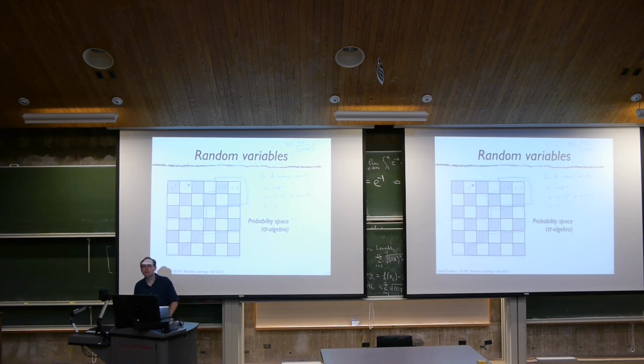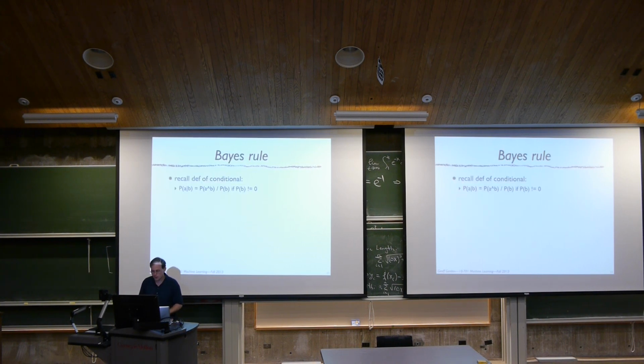All right, so we have just a few minutes left. I'm going to get to the single most important thing that you'll probably use in this class, which is Bayes' rule. You've probably seen it before, but it's really easy to derive, so I'll just go ahead and do it because some of you might not have seen the derivation.